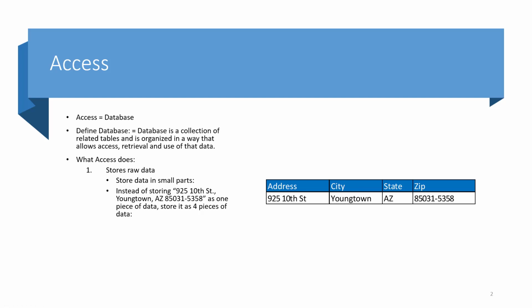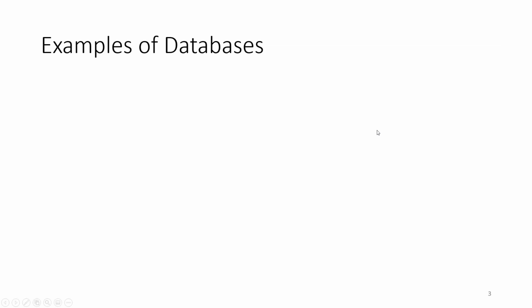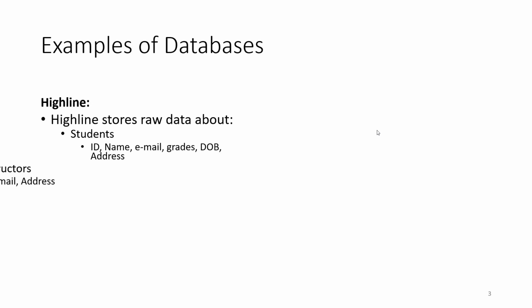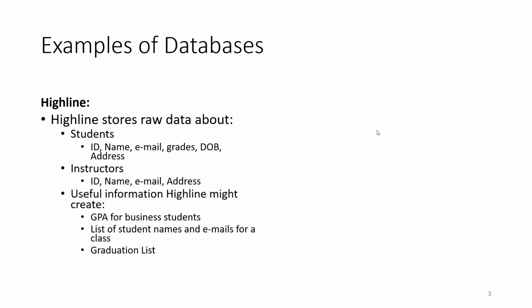The next thing that Access does is create useful information from raw data to help make decisions. In this slide here, I have provided to you the examples of databases. For example, Highline will store raw data about students and instructors. And in that raw data, it will contain the ID, the name, the email, the date of birth, and the addresses.